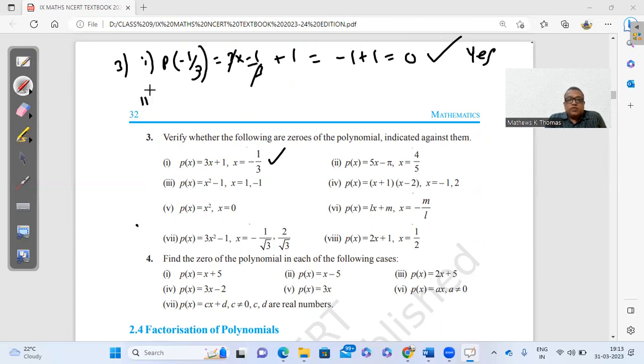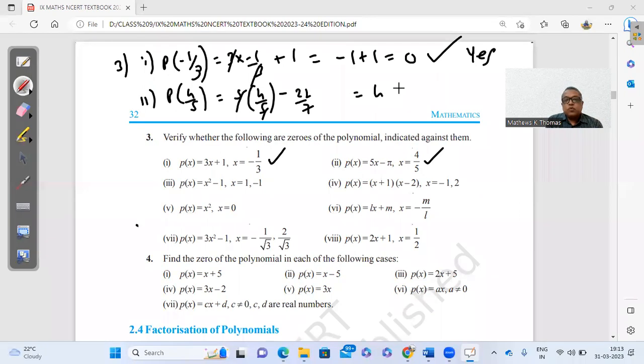Let's take the next one, 5x minus pi. Here the value of x is 4 by 5. So P of 4 by 5 I am taking. So 5 into, what am I supposed to do instead of x? Put the value that they have given, 4 by 5, minus pi. Pi value we know is 22 by 7. 5 and 5 gets cancelled, we get 4 minus 22 by 7. Take the LCM here, LCM is 7.